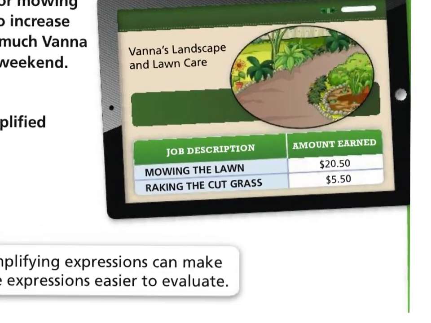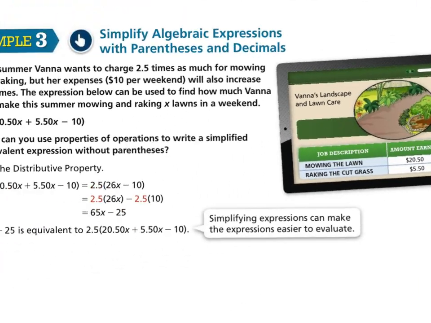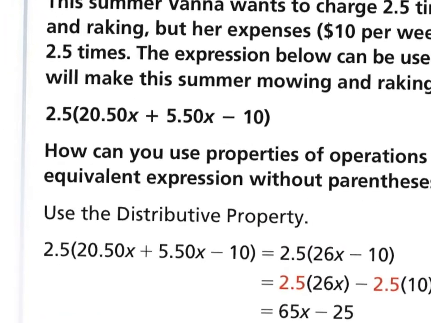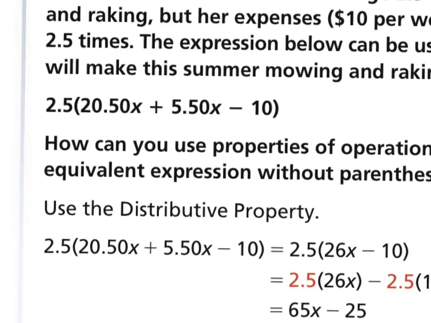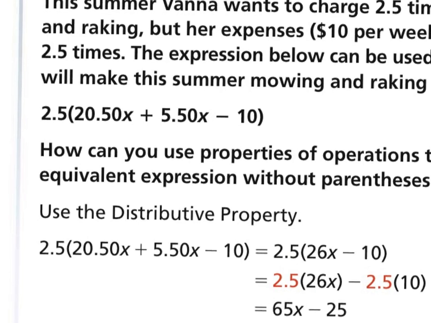So you can see from the picture here, for mowing, she earns $20.50. For raking, she earns $5.50. So what's happening is she's going to charge 2.5 times that amount, but her expenses were $10 for the weekend. Those are going to get multiplied by 2.5 also.